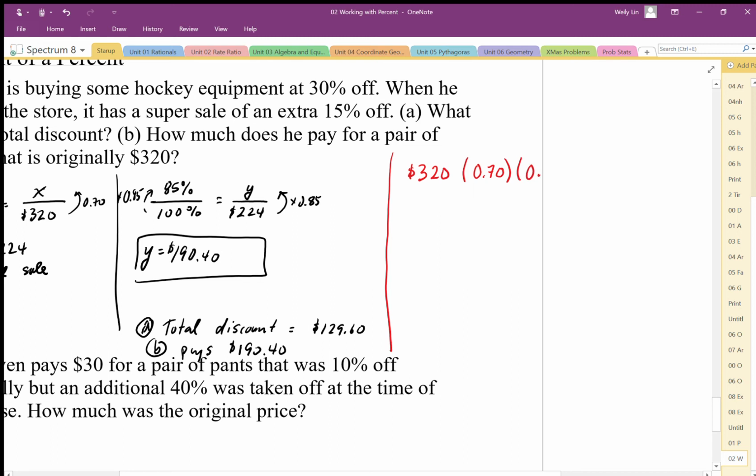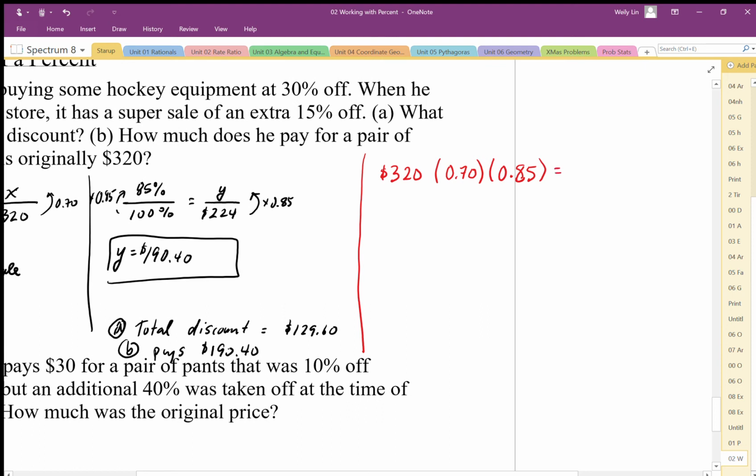And then on top of that, we layer. We're not adding together the percentages and using 45%, but we're going to layer the percentages by multiplying. If I get 15% off, I'm multiplying by 85%. And when I do that, I then get $190.40. And if we actually multiply 70% times 85%, we get 59.5%.